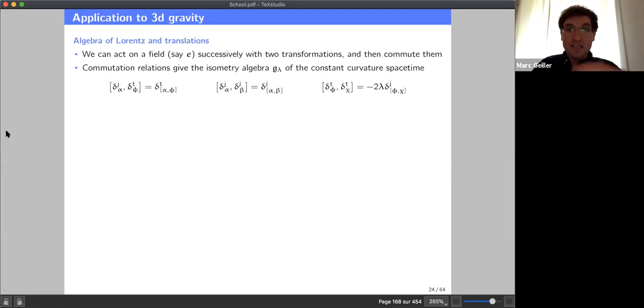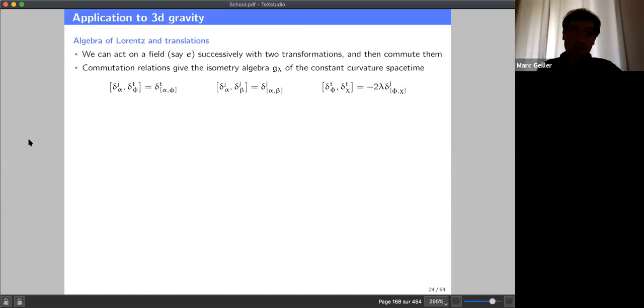Well, it turns out that this algebraic structure is something which we can recognize. It's something which has actually a geometrical meaning and a name, because this just coincides with the isometry algebra of the constant curvature spacetime. To explain this, I didn't mention this on the previous slide, but since in fact 3-dimensional gravity is topological, all the solutions of 3-dimensional gravity locally look exactly the same, and they only differ by the sign of the cosmological constant.